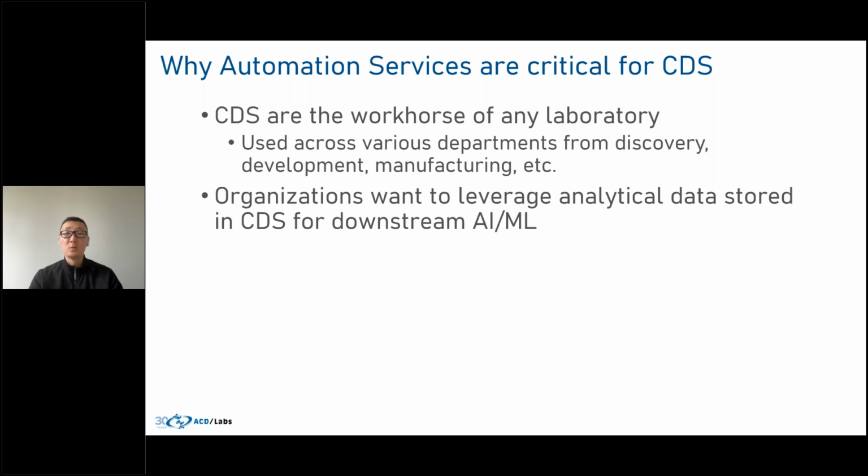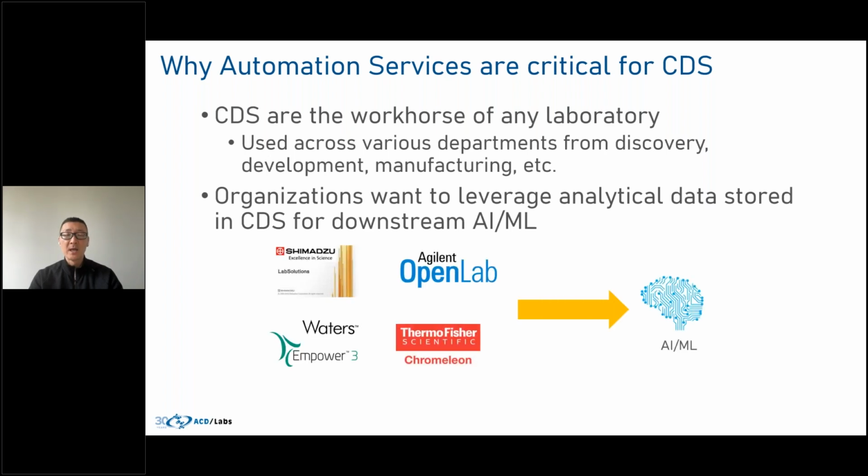And in order to do that, you really do need automation services that will be required to extract out the relevant data from each of these CDS systems and push it downstream for AI and ML. But in order to do that, you need these automation services to massage that data or reformat and re-engineer it so that it is amenable to these AI and ML frameworks.